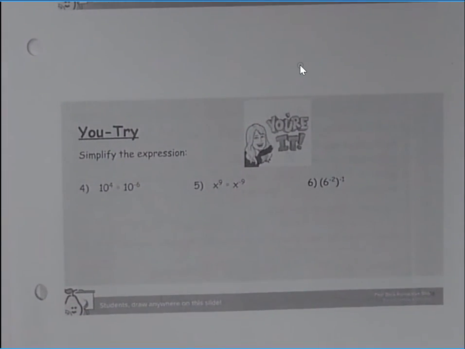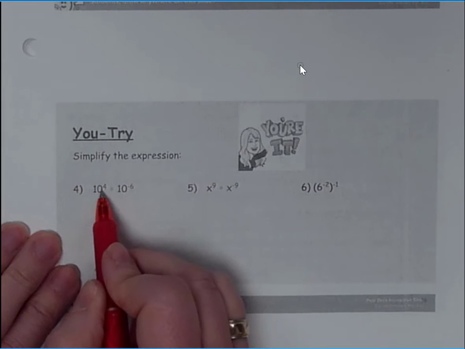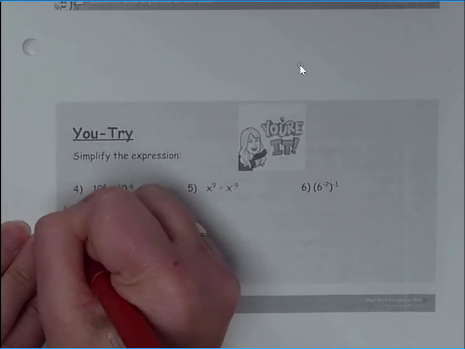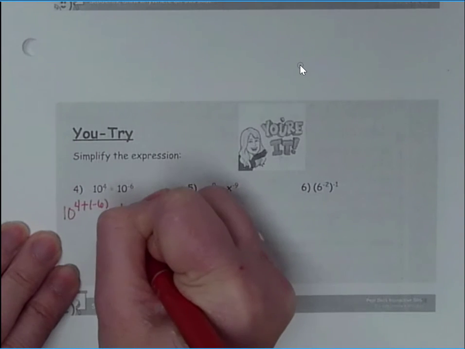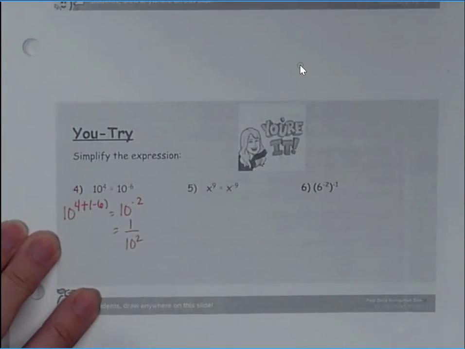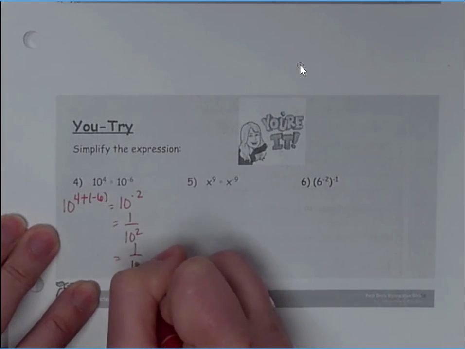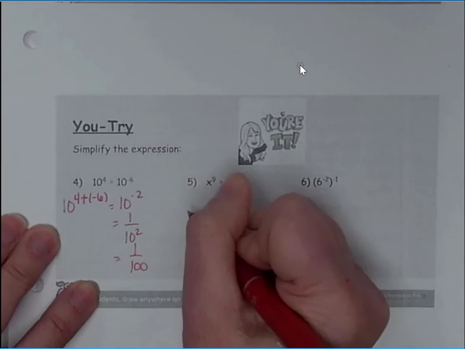All right, try these next two as well. Hit pause when you're done, come back and check your work. So here, same base, I'm going to add them. So I have 4 plus -6, which gives me 10 to the -2, which is 1 over 10 squared, which is 1 over 100. Same base, so I'm going to add my exponents.